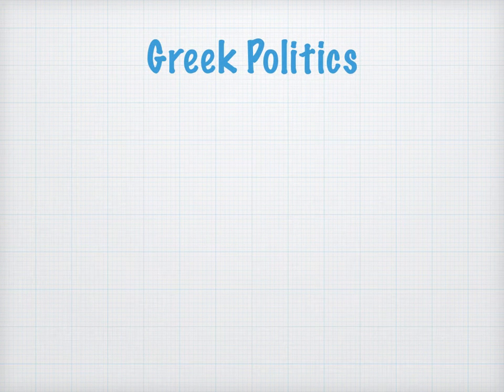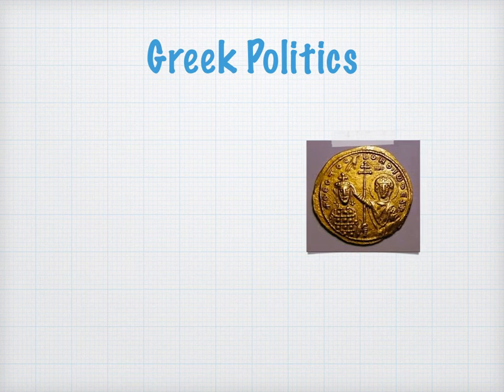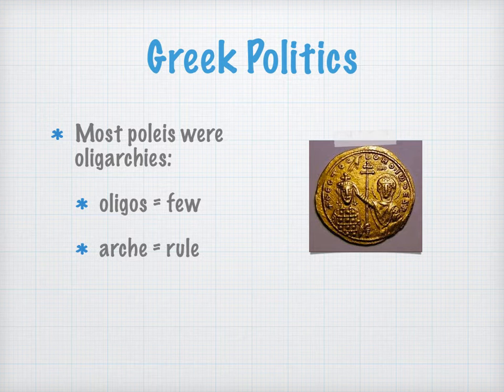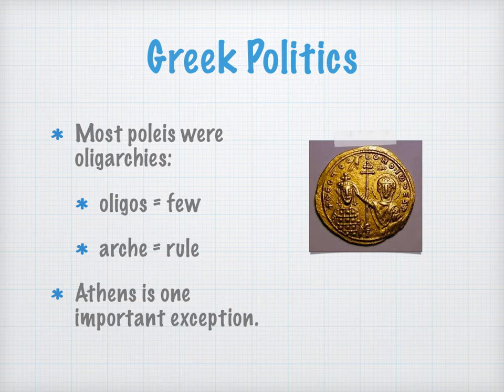Turning now to look at politics of ancient Greece, most poleis were oligarchies, and that means that a few select citizens ruled over the whole polis. Oligarchy comes from the words oligos, meaning few, and arche, meaning rule. And Athens is a really important exception to this. When we talked about Sparta, we learned that Sparta, for example, was an oligarchy.